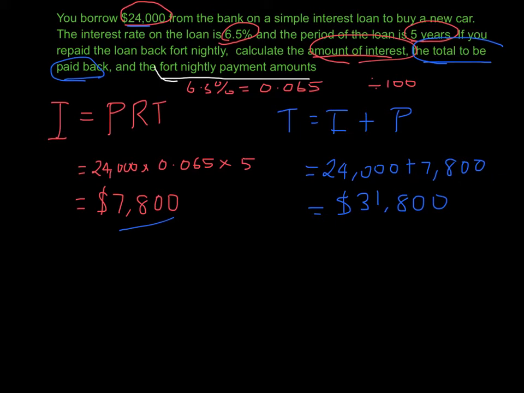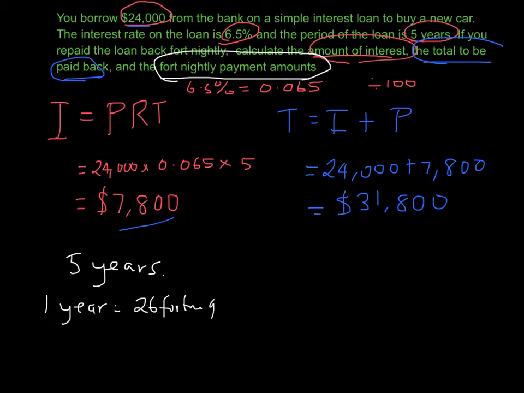The final part of this question is we want to calculate the fortnightly payment amounts. So often loans are paid back in fortnightly or monthly or weekly installments. So fortnightly payment amounts. The time that this loan is over is 5 years. In 1 year, there are 26 fortnights.